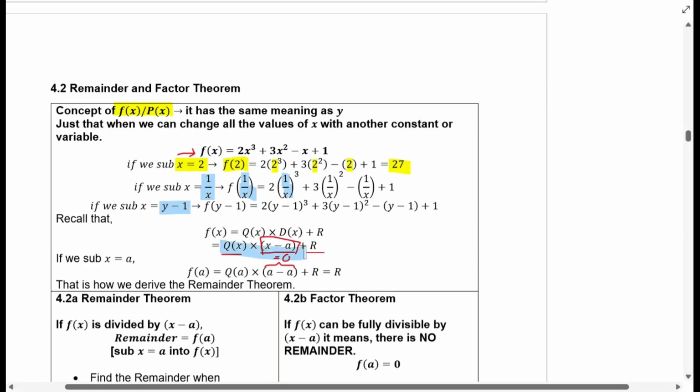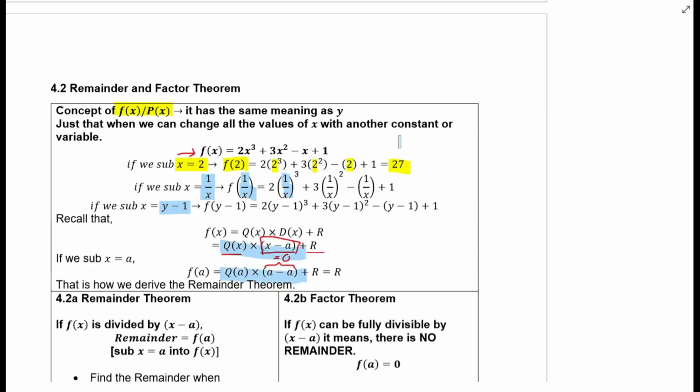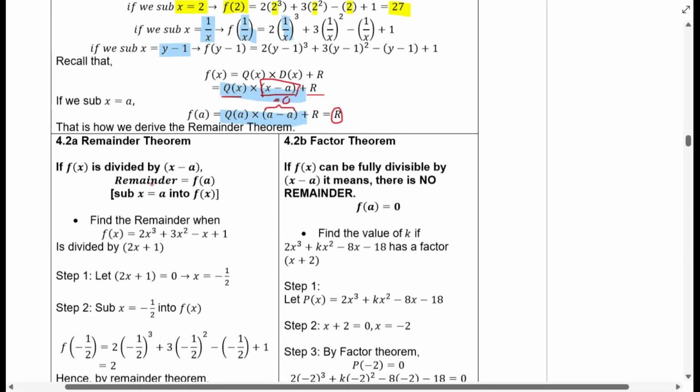This whole thing will be equal to 0, leaving us with the remainder. Therefore, that's how we prove the remainder theorem, whereby if a function is divided by x minus a, the remainder will be equal to f(a), which means when you sub a into your equation.